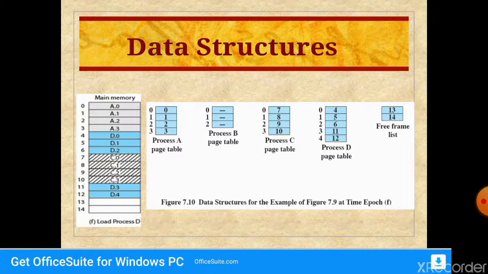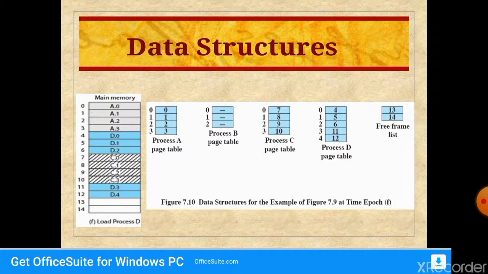This is the structure of a page table. Here 4 processes are shown along with the free frame list. Process A is stored in 4 pages, which are mapped to frames 0, 1, 2 and 3 in main memory.